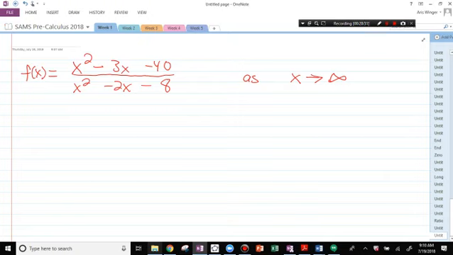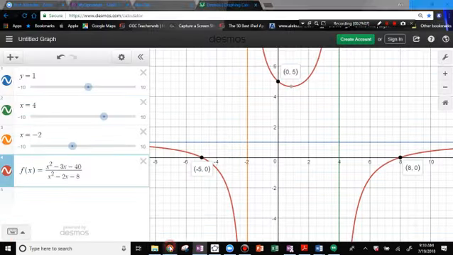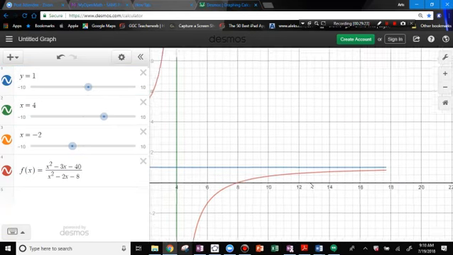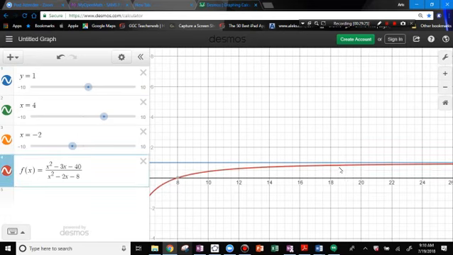Whatever this looks like in the long run is going to be dictated by the x squared in the numerator and the x squared in the denominator. But we know what x squared divided by x squared is. What's x squared divided by x squared? It's 1. So as x gets larger and larger, the more this graph should get closer and closer to 1. And that's precisely what's happening.